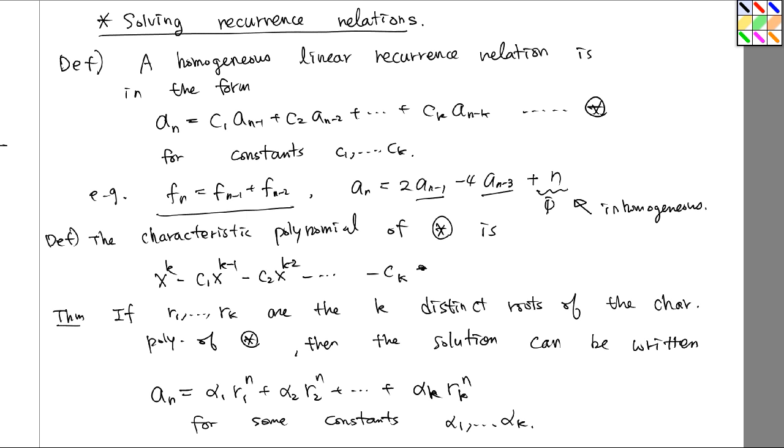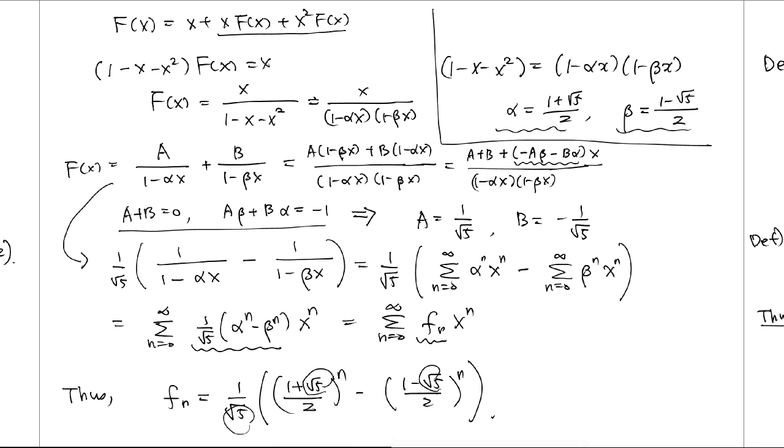So let's consider the Fibonacci recurrence relation. Here the Fibonacci recurrence relation is a homogeneous linear equation, and we know the characteristic polynomial. Okay, example: f_n equals f_{n-1} plus f_{n-2}, the Fibonacci case.